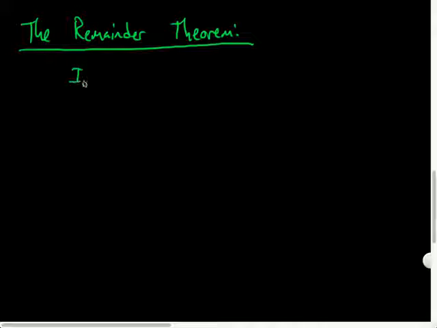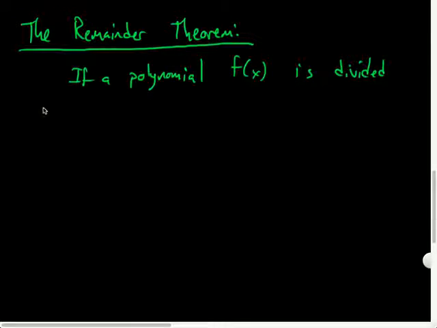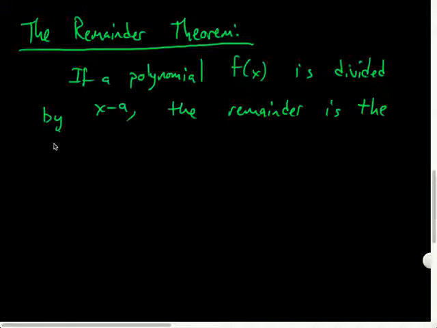It says if a polynomial f of x is divided by x minus a, the remainder is the constant f of a.